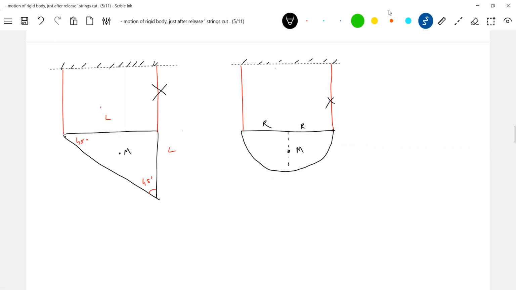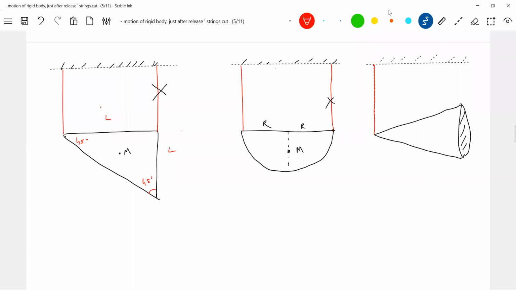Then semicircular plate. I'll go for cone. Later on, if you want, you can change the orientation of the string also.